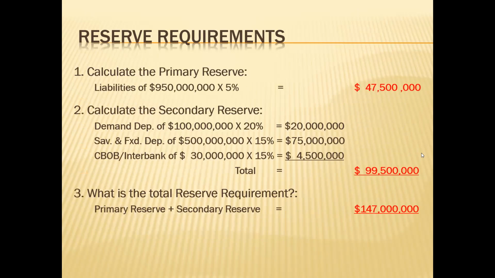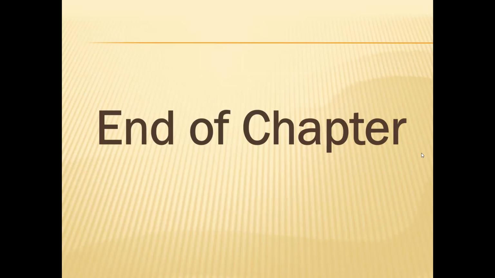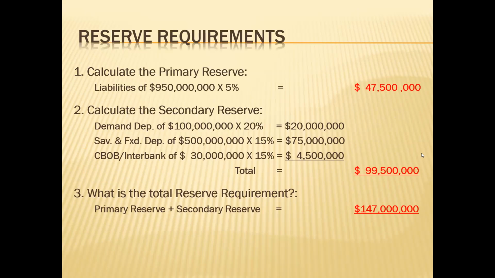And so that is what we did. We calculated the primary reserve, we calculated the secondary reserve, and then we added 1 and 2 in order to get the total reserve. Okay. And again, as I said, apart from this question on this chapter, you wouldn't have a question to calculate reserve requirements.